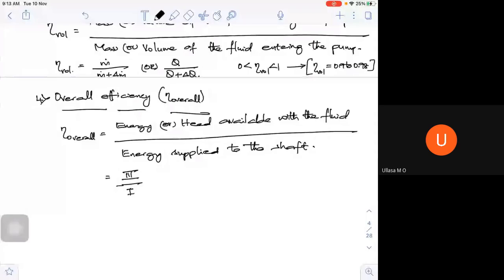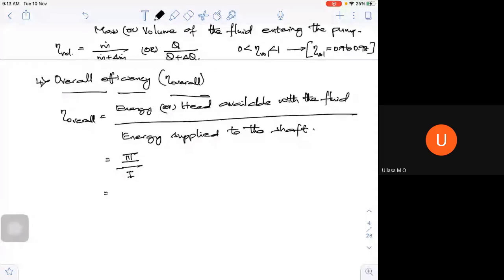A few books define the overall efficiency as the ratio of manometric head to the power input to the shaft. That is HM divided by P. This is also fine.